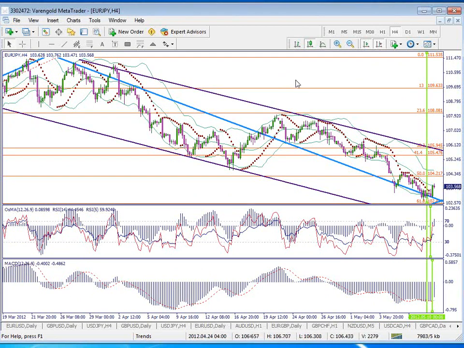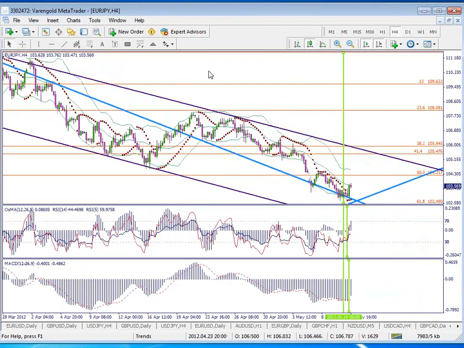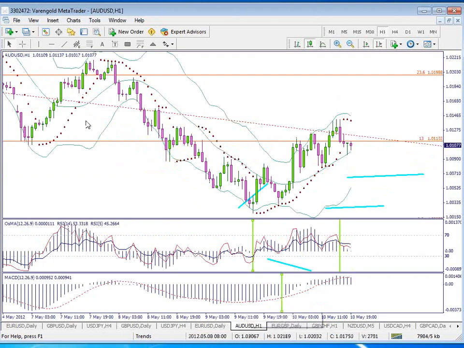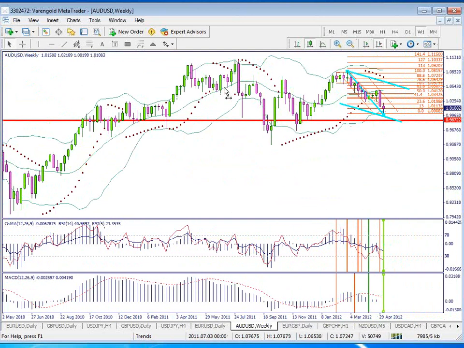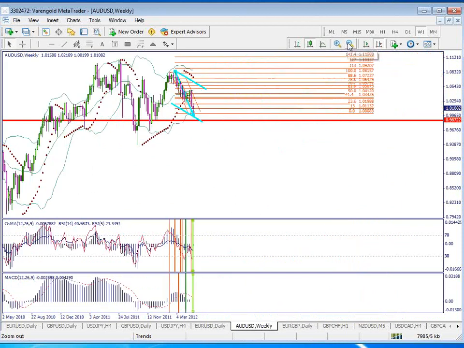I'm using Fibonacci expansion when I have a ranging market on daily or weekly, when I don't have any information about one level of one currency. I remember that I was using expansion on the euro dollar. I will just show you.